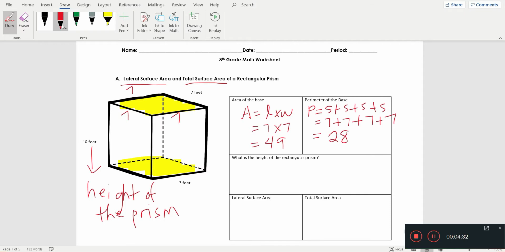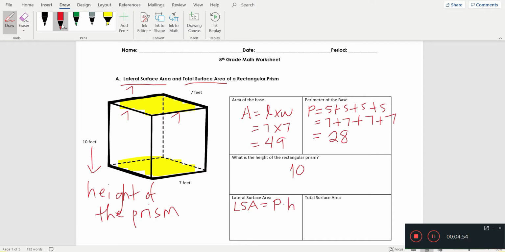So the height of the prism is 10. So far we have all the information that we need to solve the lateral surface area. The LSA formula is perimeter times the height of the prism.